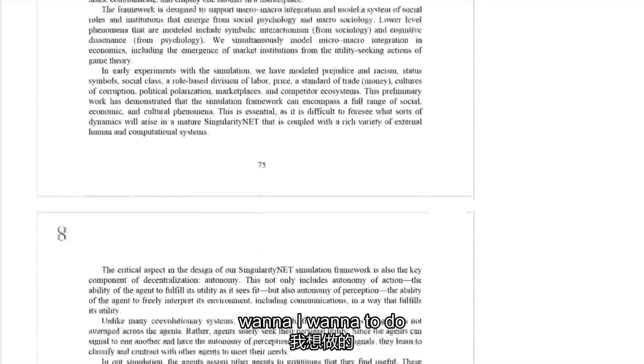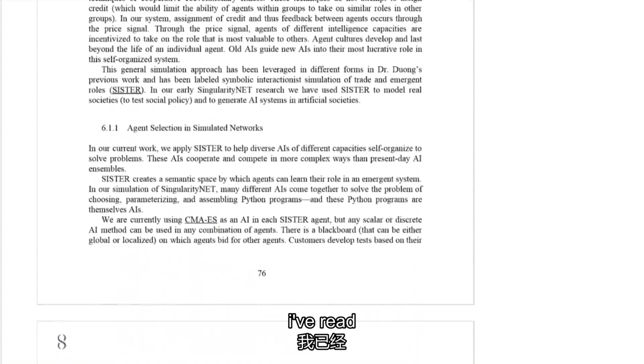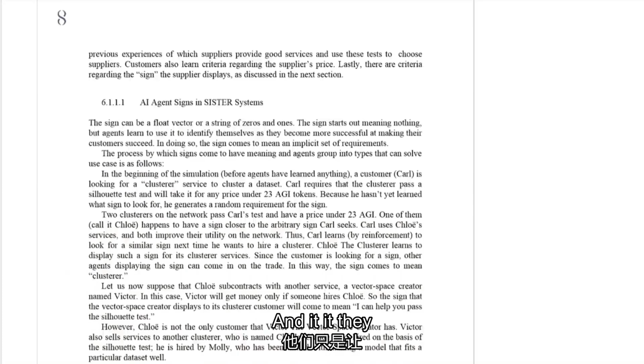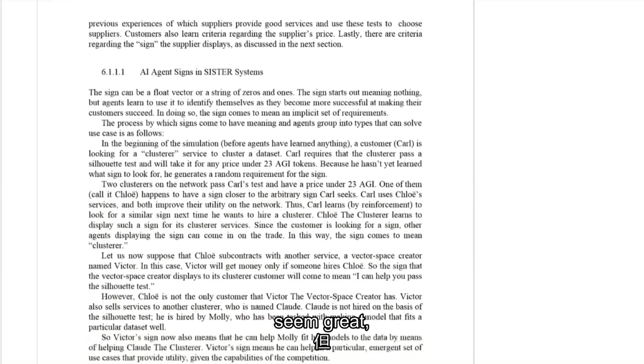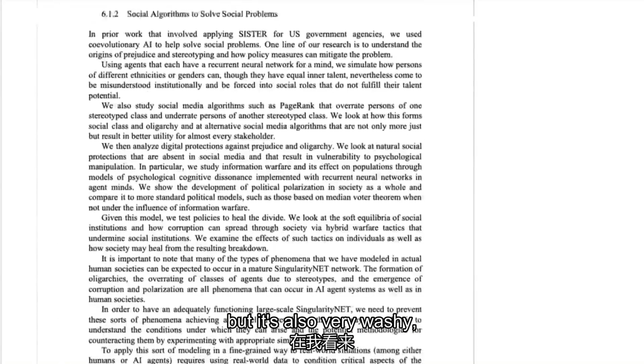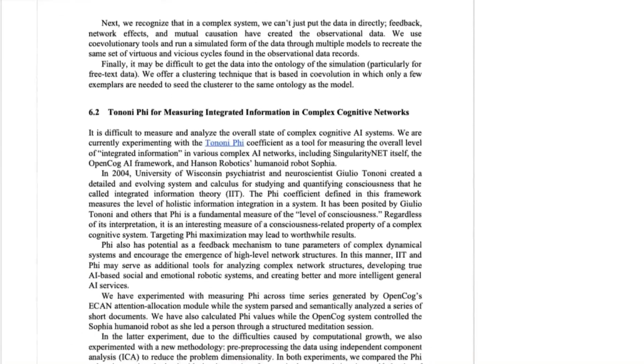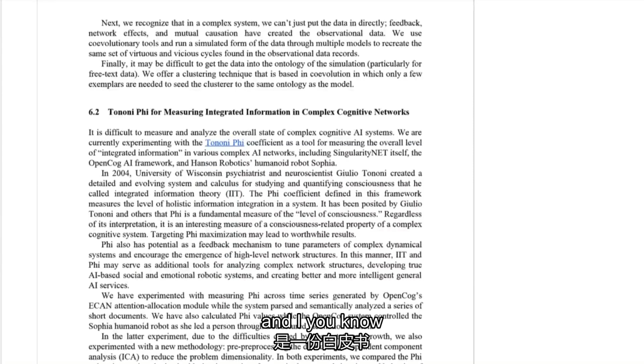But what I wanted to do, so I've read through all of this kind of research suggestions and what they're doing, and they just make it seem great, but it's also very washy, in my opinion. And I was wondering, is it just because it's a white paper and there's actual good research? And for most things, I can definitely guess.